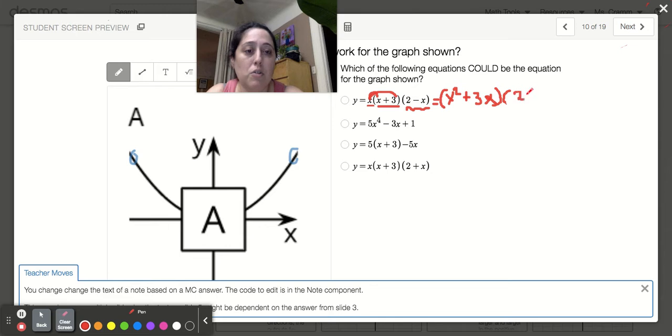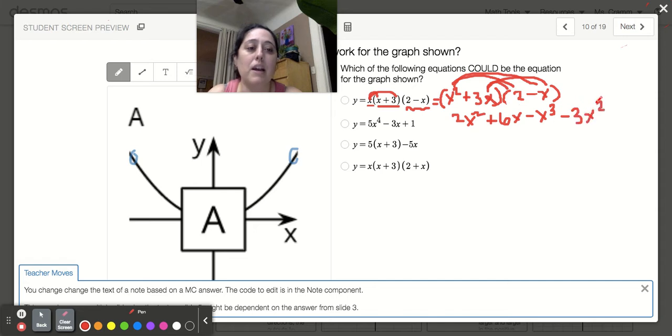All right, 2 minus x. So I've got x squared times 2, 2x squared. 3x times 2 would be 6x. Okay, and now x squared times a negative x would be negative x to the third. And 3x times negative x would be negative 3x squared.